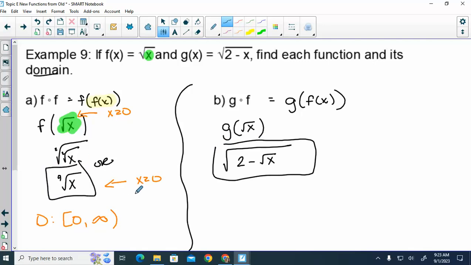Okay, domain. 2 places. Right here. What do we know? Okay, right here, this is all under the radical, so that tells me 2 minus the square root of x has to be greater than or equal to 0, right? Okay, what would you do?